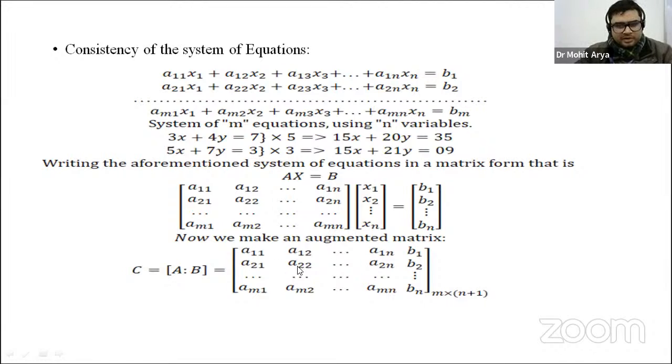The way to make the augmented matrix is that firstly we take all the entries of the coefficient matrix, and then we include one more column with all the entries of the constant matrix. This matrix will be of the order m cross n plus 1, and this matrix is called the augmented matrix.